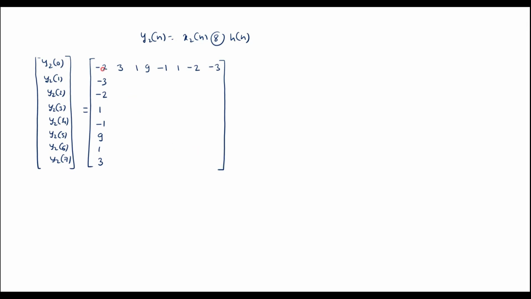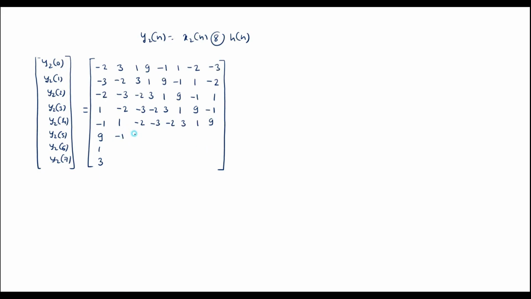So now just write the diagonal values, minus 2, 3, 1, 9, minus 1. This is 1, this is minus 2. Similarly here it is minus 3, minus 2, 3, 1, 9, minus 1, 1, minus 2, minus 3, minus 2, 3, 1, 9, minus 1, 1, minus 2, minus 3, minus 2, 3, 1, 9.